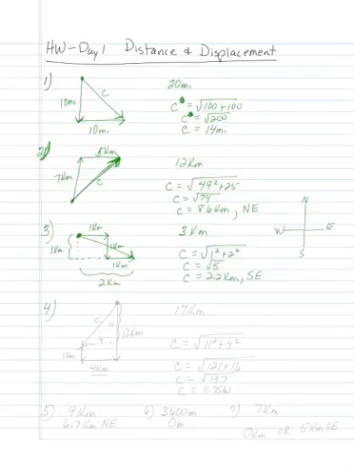Number 4, on a fishing trip, Justin rides his boat 12 kilometers south and the fish aren't biting, so he goes 4 kilometers west, and then he spies a school of fish and goes 1 kilometer north.